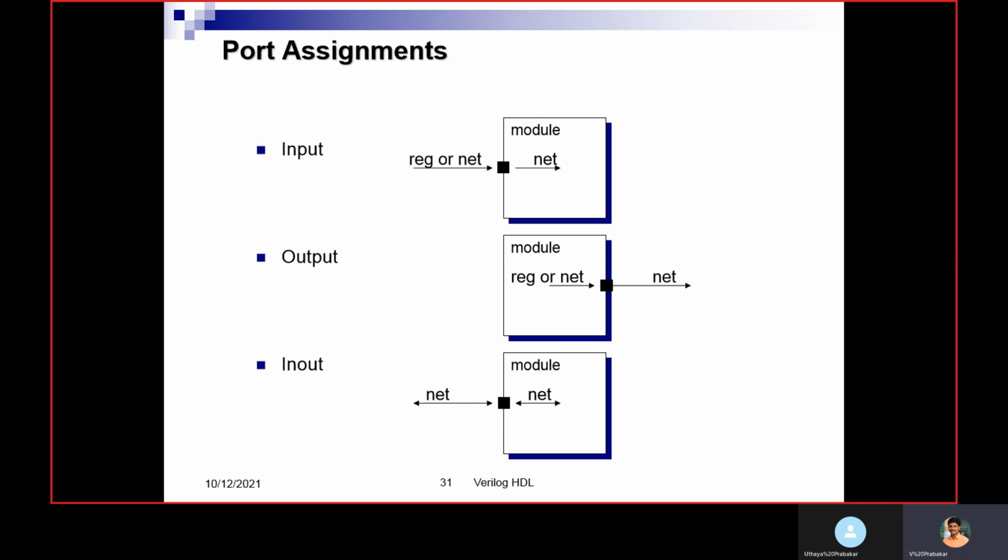So things you should remember: whatever you declare as an input in the design, that should be declared as reg in the test bench. An output in the design should be declared as wire in the test bench. If it is an inout variable, both in the test bench and design, you should declare it as a wire.